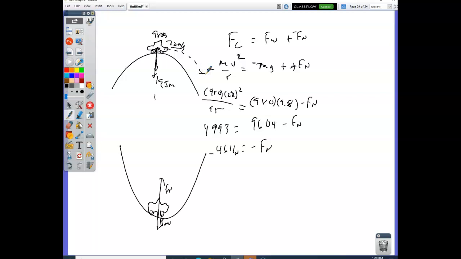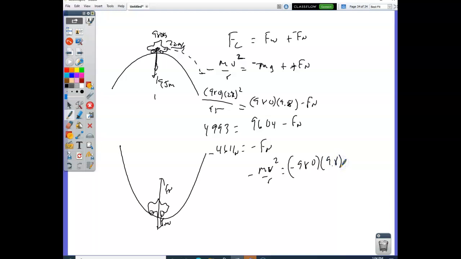Okay, so force centripetal is mv squared over r, and that's going to be negative because you want down to be negative, right? And then force of weight? Still with me? Agreed?